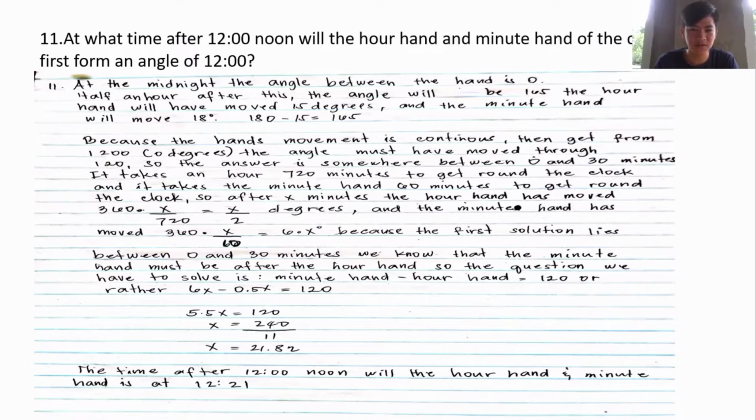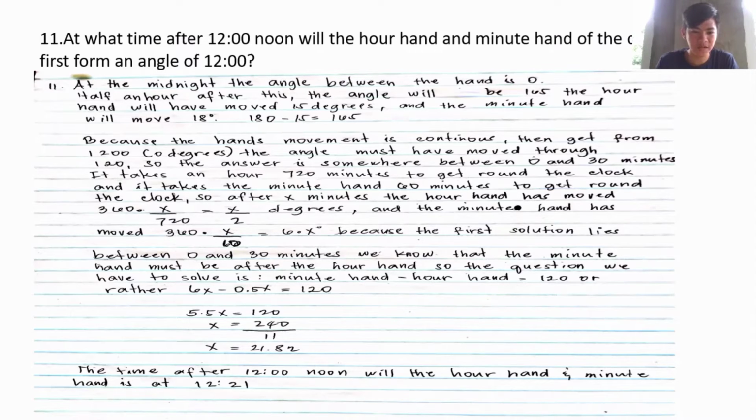Because the first solution lies between 0 and 30 minutes, we know the minute hand must be after the hour hand. So the question we have to solve is minute hand minus hour hand equals 120, or rather 6x minus 0.5x equals 120.